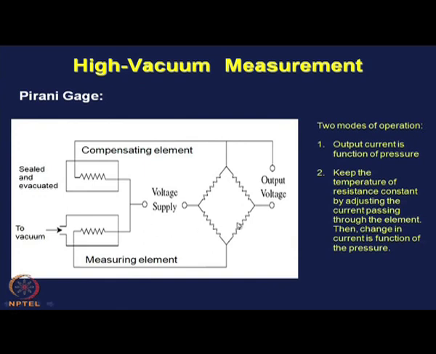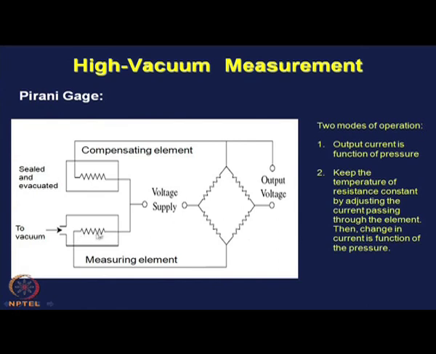So, these two are in the adjacent arms of the Wheatstone bridge. Now, initially we get the null condition. Now, when the measuring element is connected to the pressure source, this pressure causes a change in temperature of this resistance.